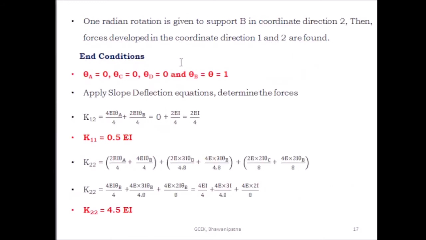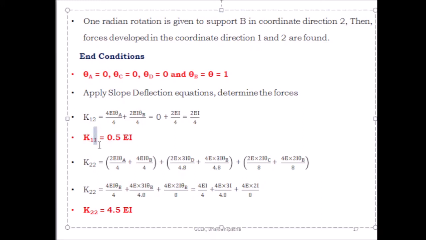So you put these values, and K12 is equal to 2EI by 4. After simplification, K12 is equal to 0.5 EI.